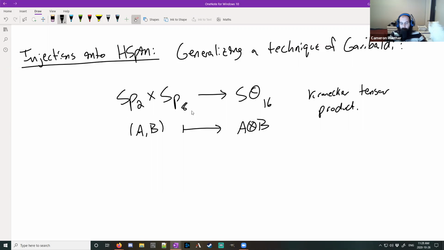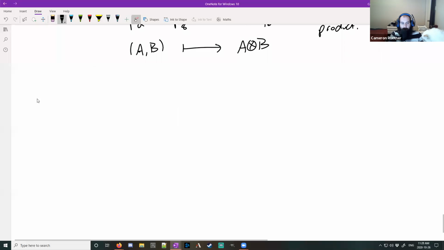And since the symplectic groups here are simply connected, but the orthogonal group is not, there exists a lifting. So you can lift this and get the following. We're going to map into spin.